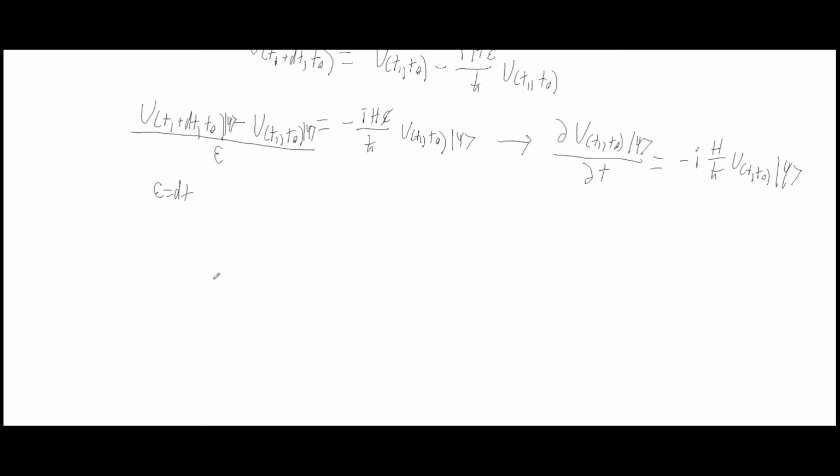And so from there, we can multiply both sides by h bar and divide both sides by minus i.